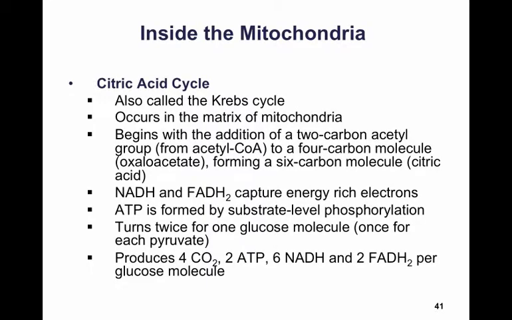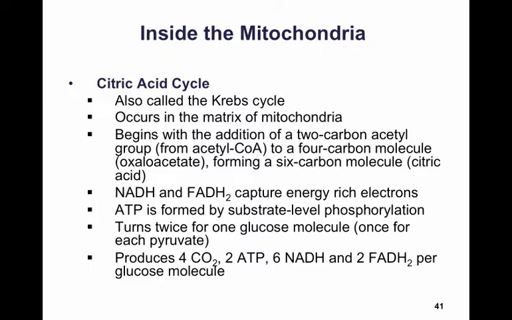Another name for the citric acid cycle is the Krebs cycle, because a person named Krebs discovered it. We are reverting to more descriptive terms in biology, and citric acid cycle is the name because citric acid is the 6-carbon molecule formed when the 2-carbon part of acetyl-CoA joins the 4-carbon molecule oxaloacetate.